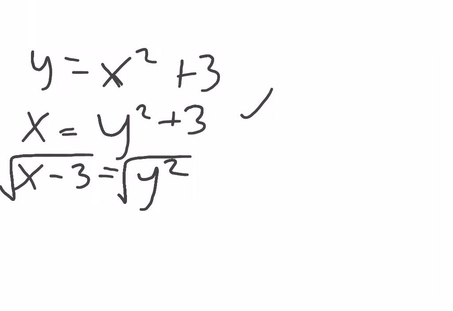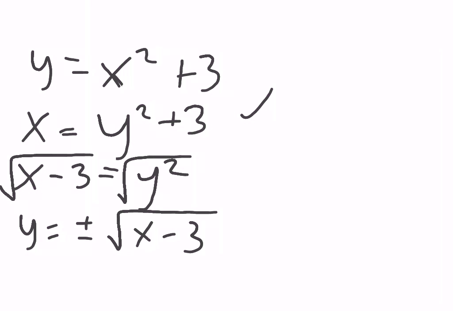I have the positive version and I have the negative version, because if you square something positive, you get something positive, but also if you square something negative, you get something positive. So my answer would then be y equals, because the square root undoes the square, plus or minus the square root of x minus 3.